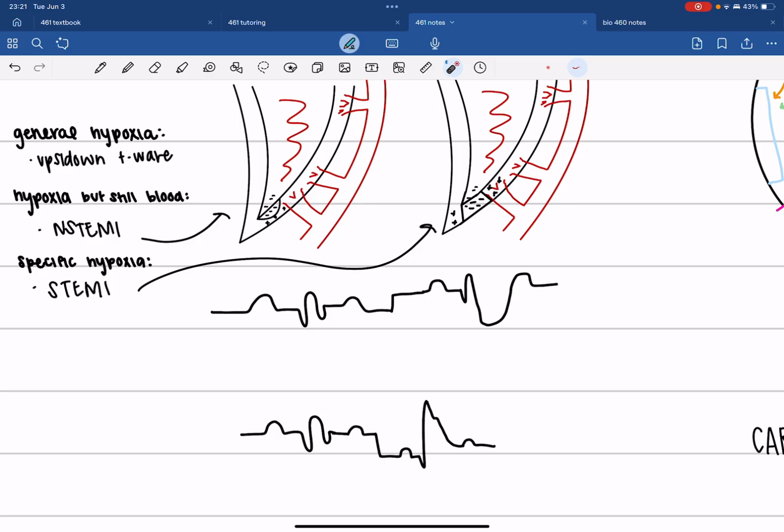But what you notice is that the T wave is still there, but this is just very, very low.